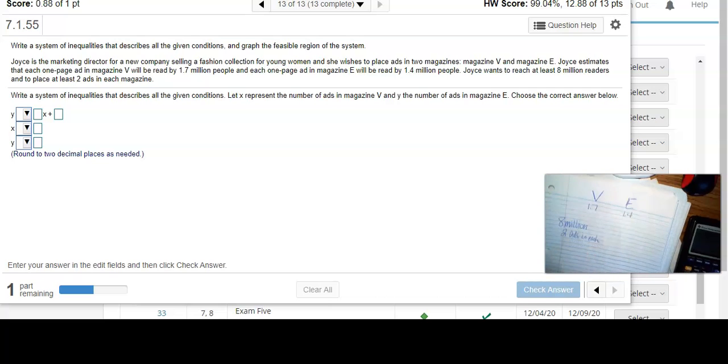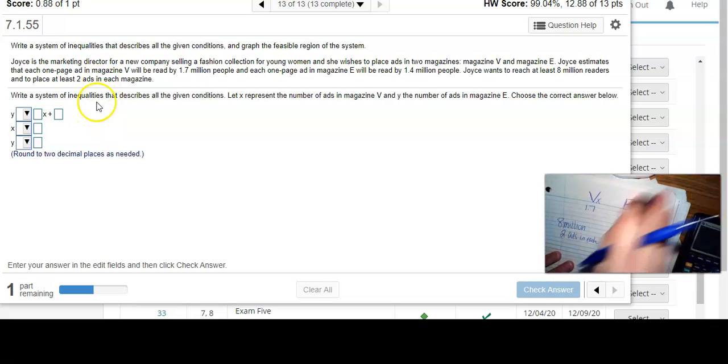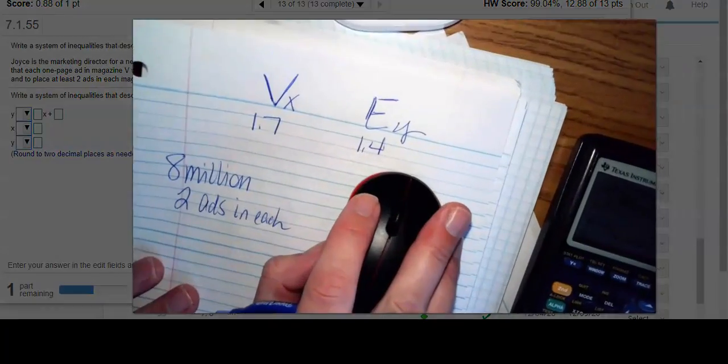All right, so here's what we've got. X is going to represent V and Y is going to represent E. First of all, notice this. We would really like to set this up in standard form, but the way that the software is showing it to us, we're not going to be able to do that. So let's make this bigger.